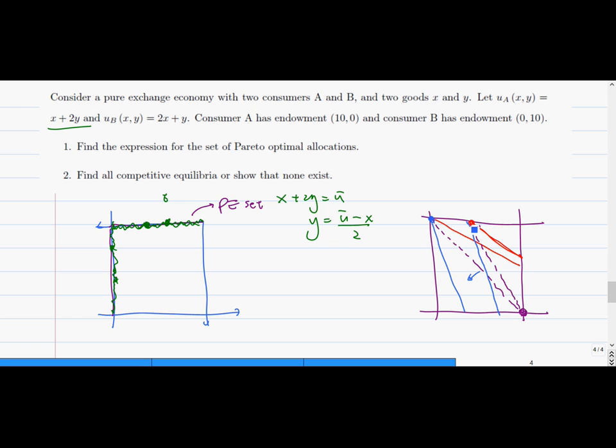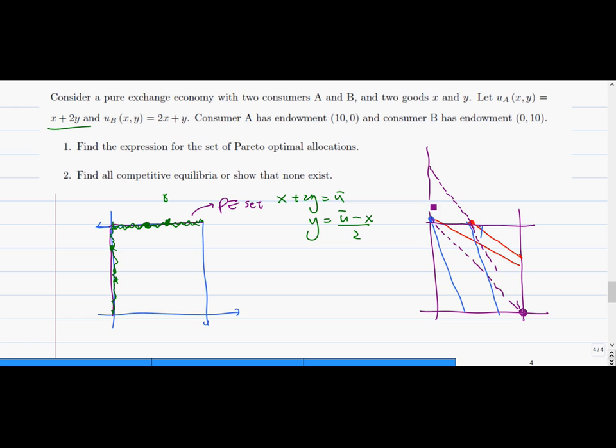If you push it that way while remaining inside the budget set, which is like this, and then we move this blue one as far as possible so it gets rotated here. If you think like this, then it's wrong because, as I said, it doesn't need to be feasible. Even if the economy doesn't have that many goods, I can still want them. It doesn't stop me from wanting, right? So it should actually be like this.